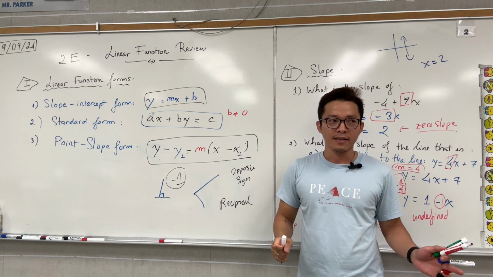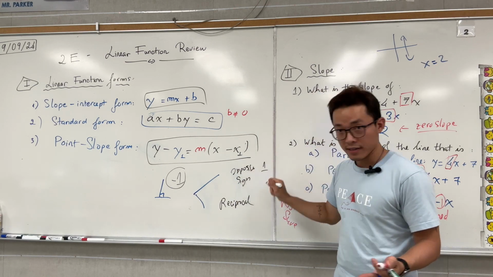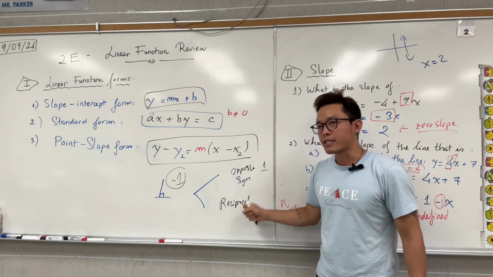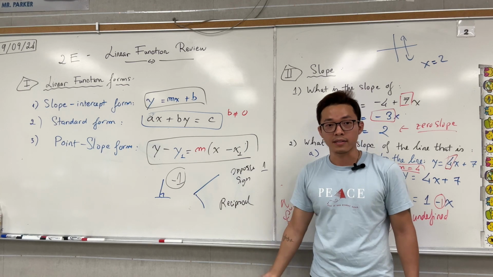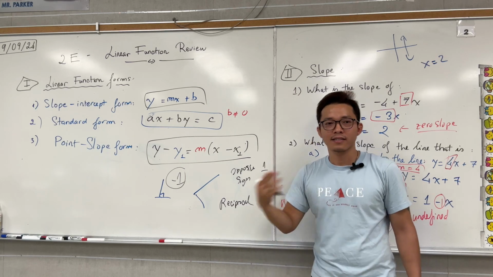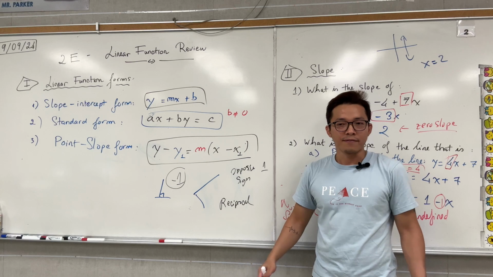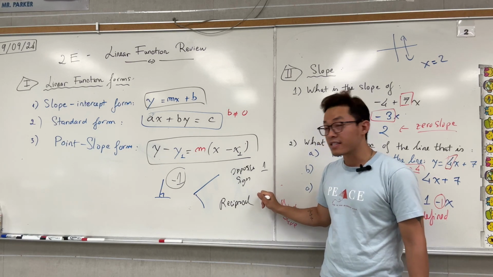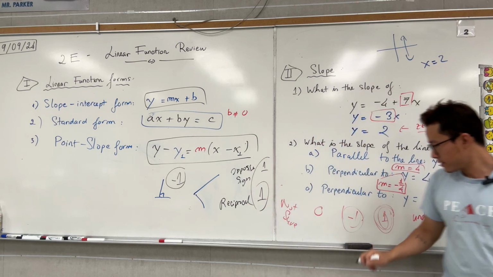Opposite sign. At least they need to be positive, so it becomes 1 first. Sound good? I'm going to walk with you one by one. Reciprocal. What is the reciprocal of 1? 1/1, which is 1. You don't write over 1. That's very weird. 5 is 5/1, but we don't write 5/1. So the reciprocal of 1 is still 1. So your answer is 1.